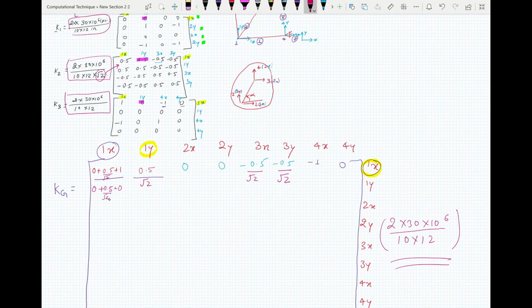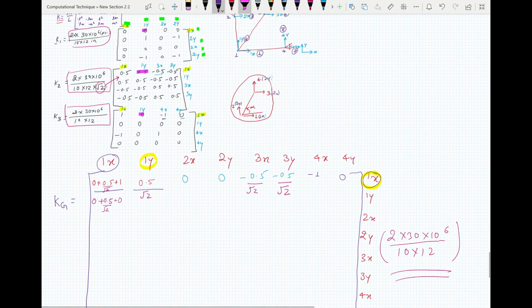Now for the other one, 1y, 1y, so it will be this one, and this one, and this one. So it will be 1 plus 0.5 by √2 plus 0.